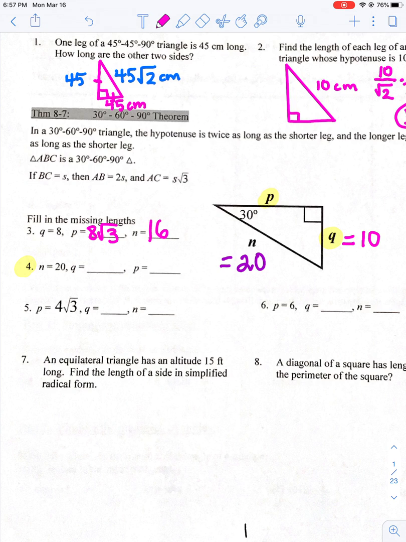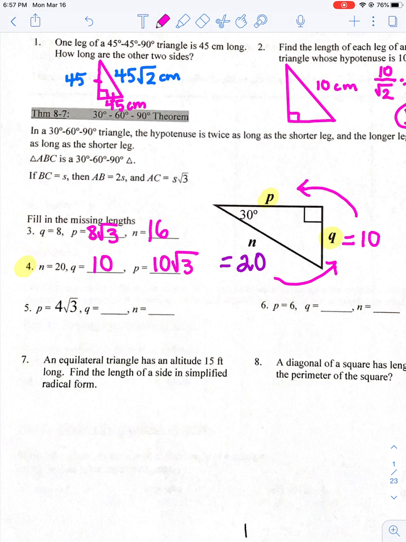And now from the shortest side to the medium side, I would multiply by, again, that factor of radical 3. Okay, so Q now we have is 10, and P is 10 radical 3.